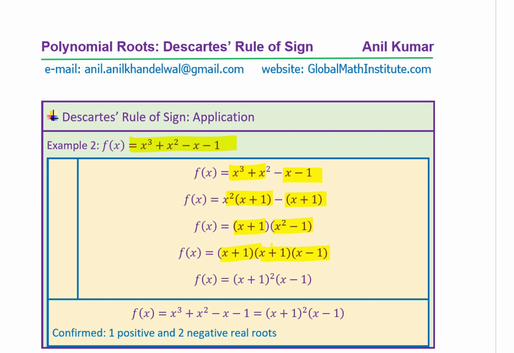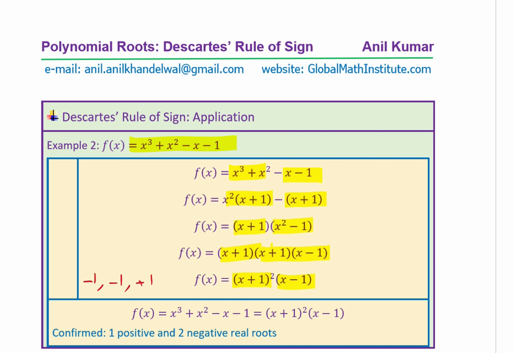When you multiply by x plus 1, we get x plus 1 whole square and x minus 1 as the other factor. So we definitely have 3 roots, out of which we have multiplicity of 2 for minus 1. So we have minus 1, and then plus 1. These are the three roots.